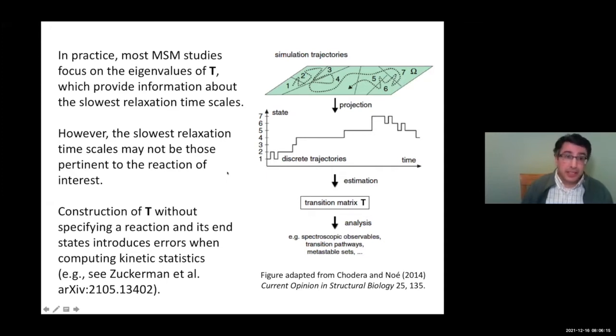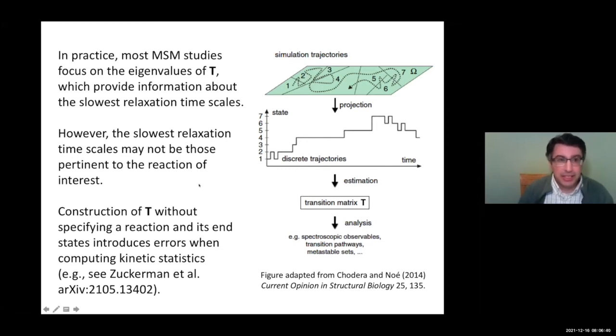But there's an issue with that, which is that the process of interest might not actually be the slowest one. Maybe I'm interested in how, say, a hexamer comes apart into a dimer, but actually the slowest relaxation timescale is the unfolding of the monomer, for example.